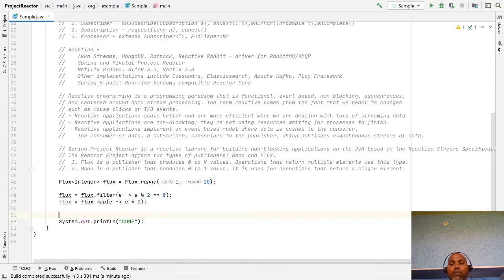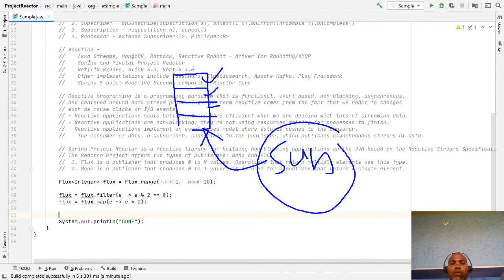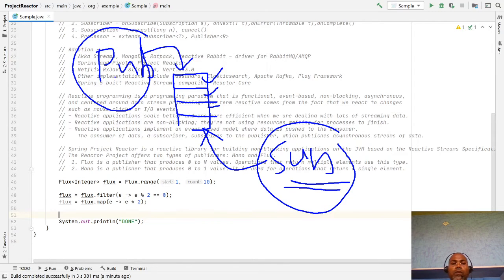For that, one thing to note: on Flux you apply multiple operators, operator 1, operator 2, operator 3, but until you subscribe to the publisher, that means our Flux, if no subscriber is subscribing to this publisher, none of the operators are evaluated.